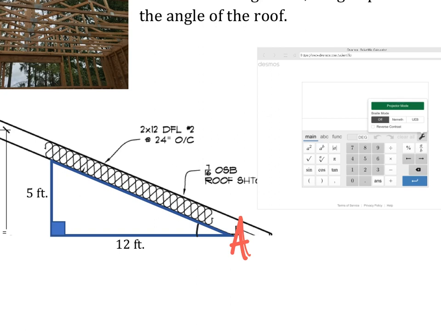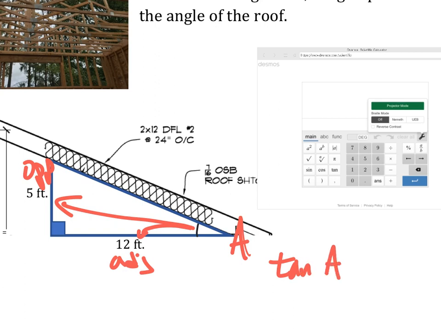What is this leg over here? That's the opposite. And what's this leg? That's the adjacent. And so we're looking for some angle, I don't know how big it is, some angle A that has a tangent of 5/12.